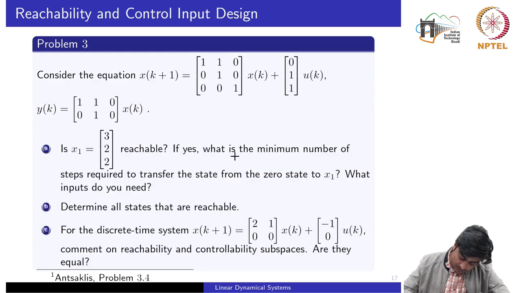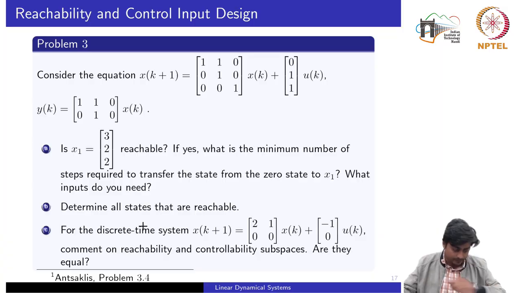If yes, what is the minimum number of steps required to transfer the state from the zero state to x1? Since this is a discrete time system, we can compute the number of steps also, and what inputs do you need. The second part is to determine all the states that are reachable. The third is a separate problem which we will come to later.